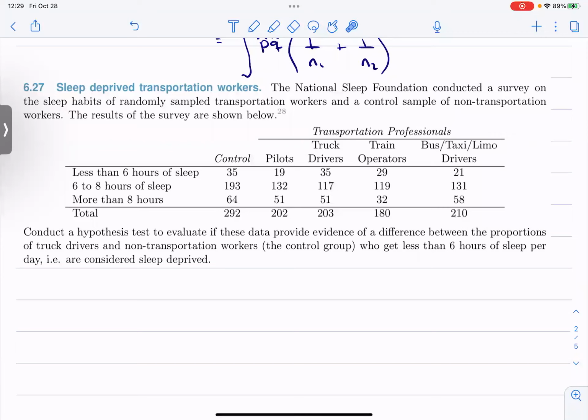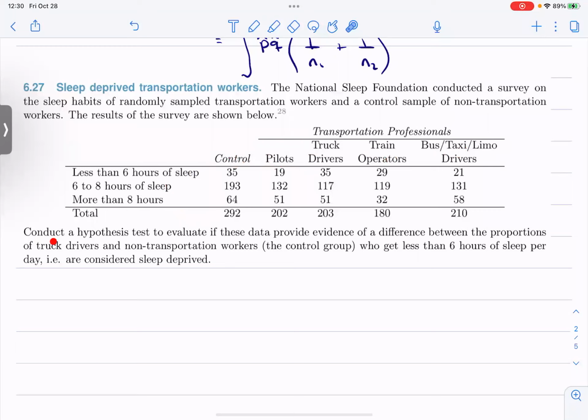Okay. So we have these different drivers, let's say, right? We've got the control, the pilots, the truck drivers, the train operators, and then bus, taxi, limo drivers. And then they had to report, did they get less than 6 hours of sleep, 6 to 8 hours of sleep, or more than 8 hours?